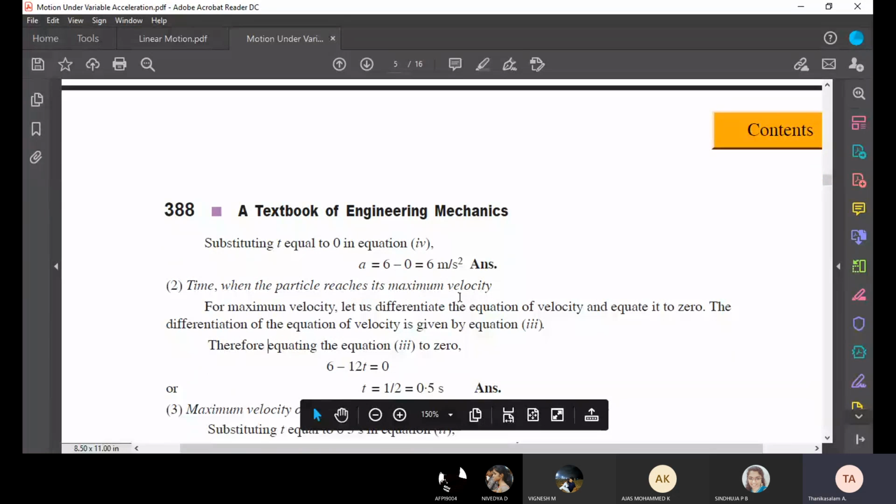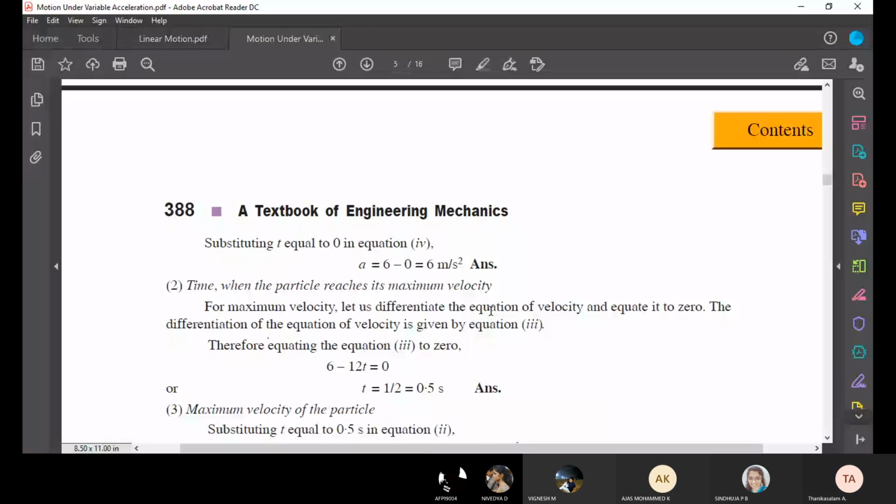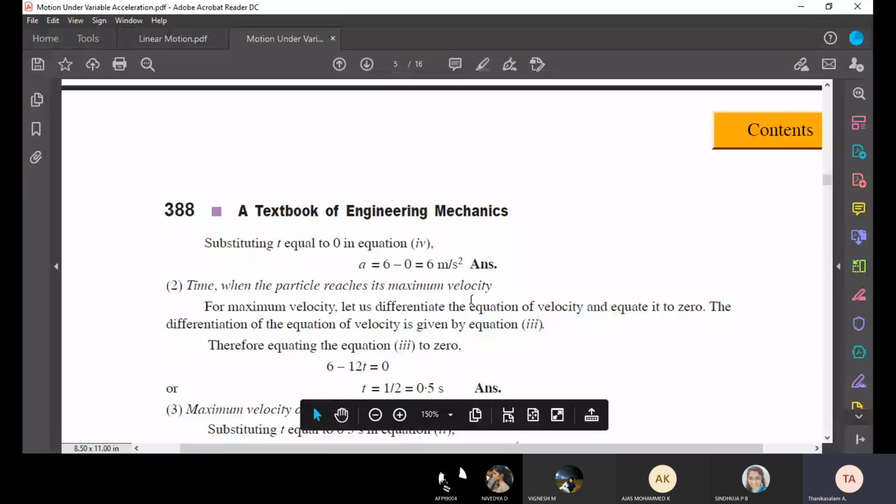When is the maximum velocity? When is this wrong, no? When do you attain maximum velocity? Just imagine, first gear, you are going at some speed. Second gear, you are going at some speed. Third gear. So students, when acceleration is 0, you are attaining maximum velocity.